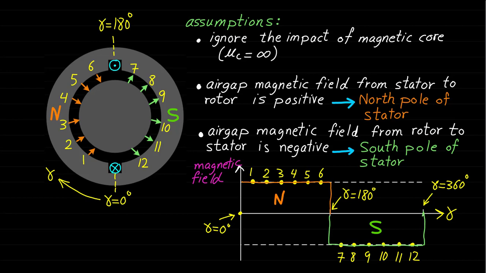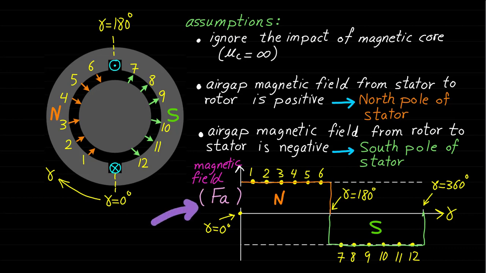Note that the angle gamma represents the angle of different positions around the circumference of the stator. Basically, this waveform, denoted by Fa, represents the magnetic field distribution generated by the phase A concentrated winding, which obviously looks like a rectangular distribution waveform.